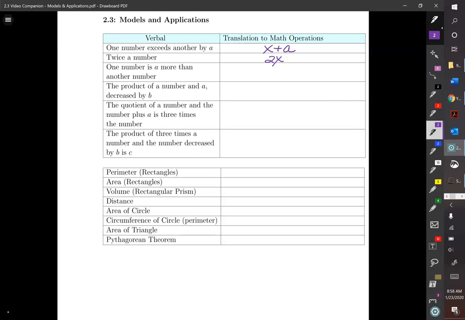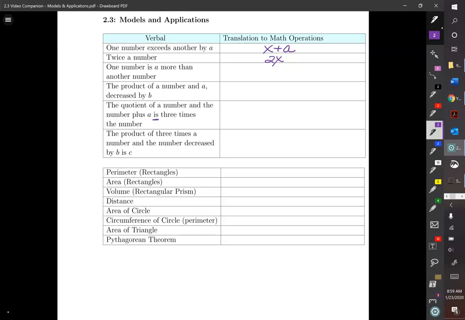This one I will do: the quotient of a number, and the number plus a is 3 times the number. So when you see the word quotient, that means to divide, and you want to just go in the order of left to right. Which one goes in the numerator is the one that goes on top. So again, we're just going to call our number x consistently through. And this one is actually going to be an equation because it has the word is. It's a full sentence.